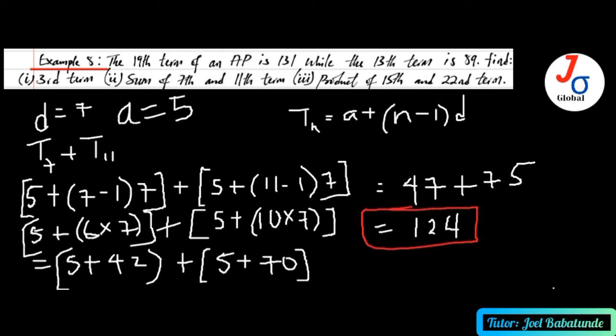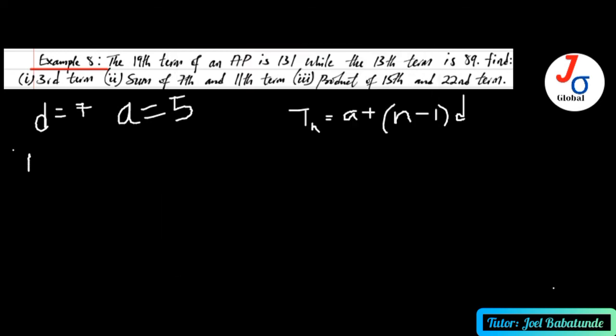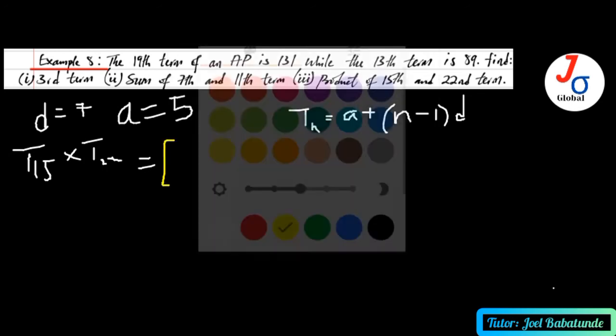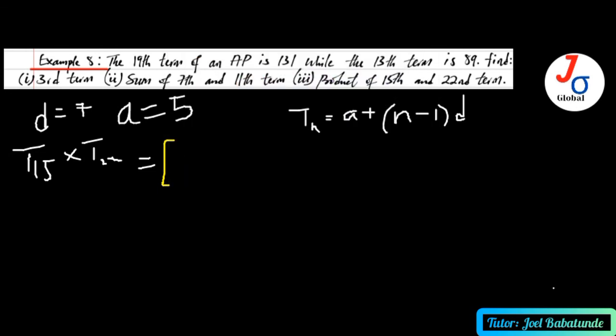All right, so let's take a third one: T15 multiplied by T22. Just like we did the previous one, we do T15 first. We have the A, which is the first term, 5, plus (15 minus 1), because our common difference is 7.